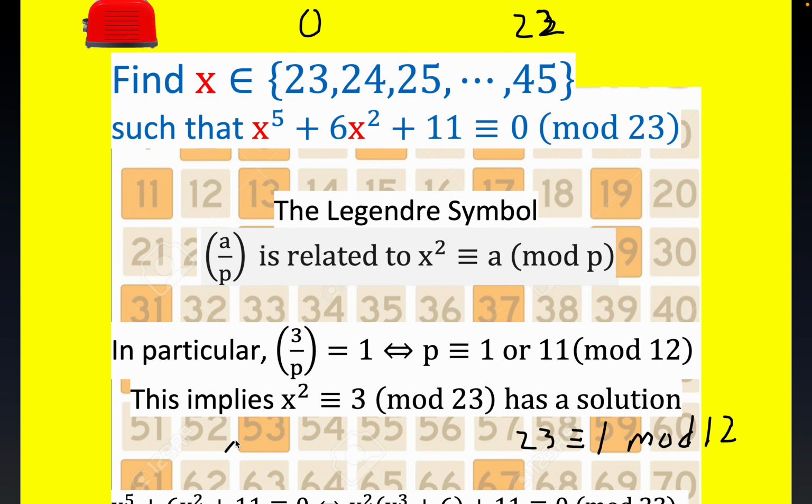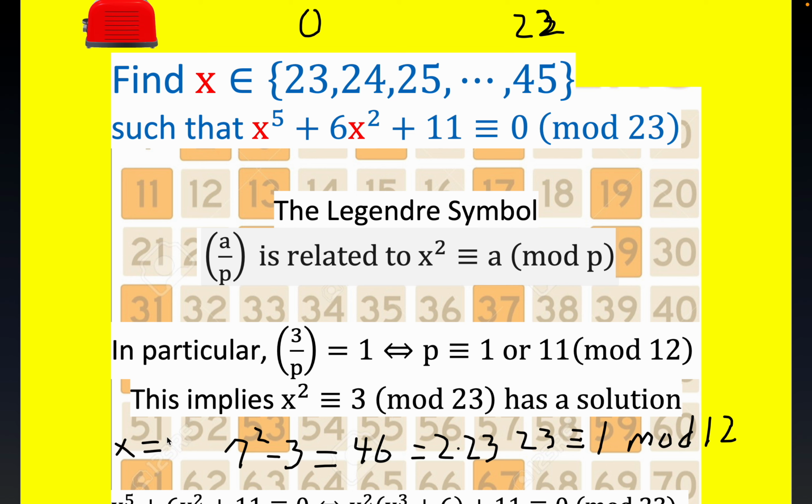It turns out 7 squared minus 3 is equal to 46, which is a multiple of 23. That's equal to 2 times 23. So, as the Legendre symbol predicts, we do have a solution, namely 7. This implies that x squared is congruent to 3 mod 23, so we can write down x equals 7 as the solution.